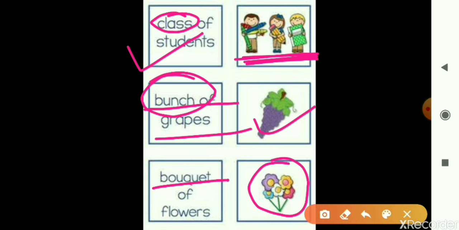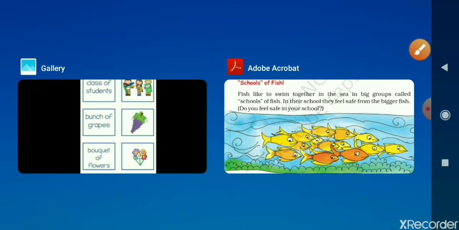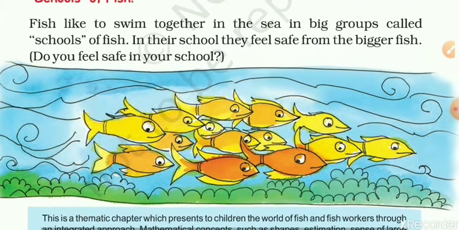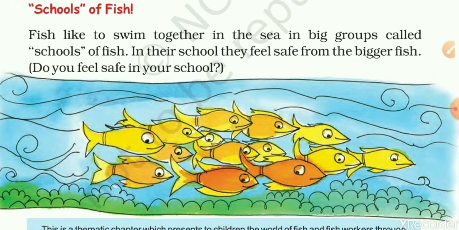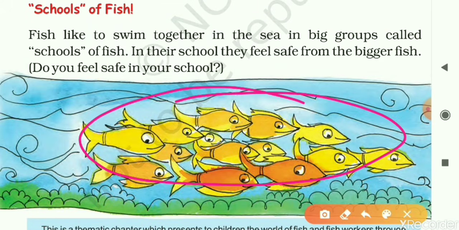Okay, so I think is it clear what is a collective noun word? So similarly, the group of fish will be known as a school. Okay, so we can say a school of fish. Now I think the concept of school is clear.